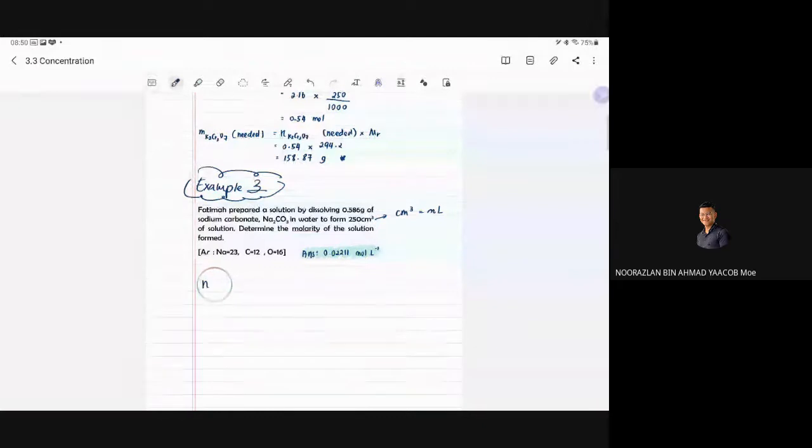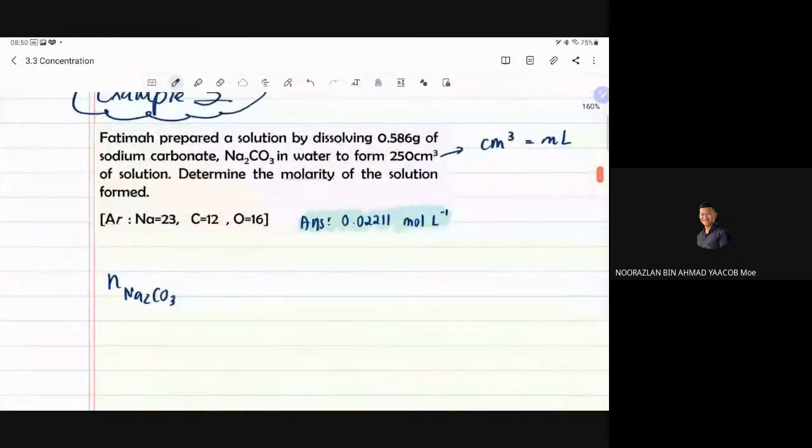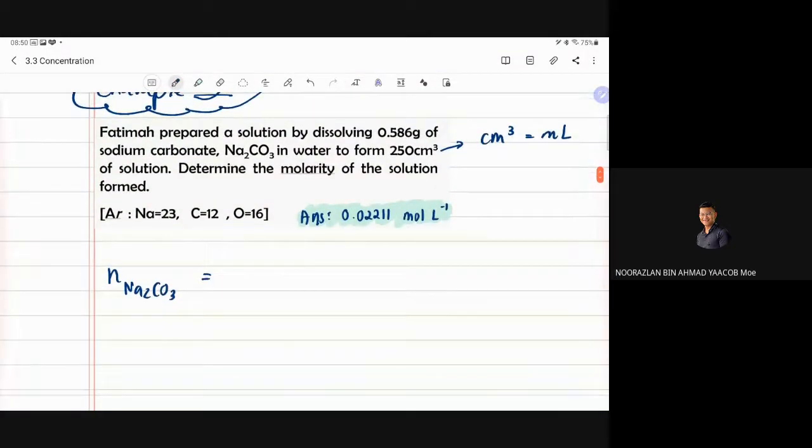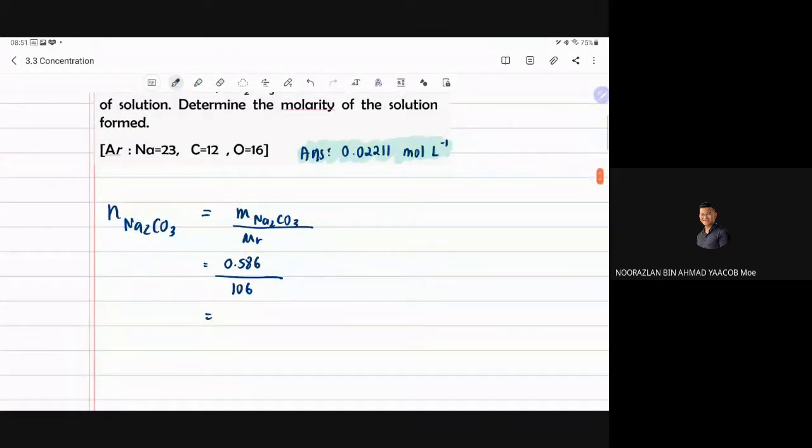N of Na2CO3 sama dengan mass Na2CO3 bahagikan dengan MR. So 0.586 bahagi MR dia 2 kali 23 tambah 12 tambah 16 kali 3. 106. Kita akan dapat 0.586 bahagi 106.